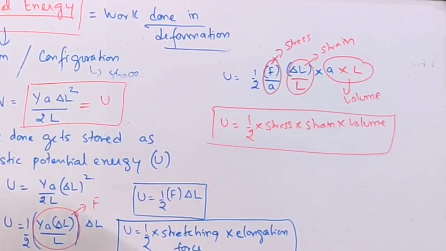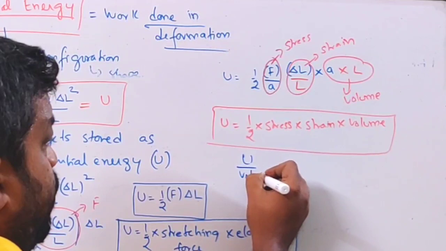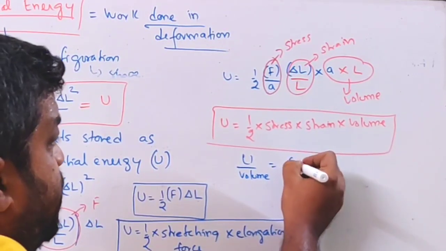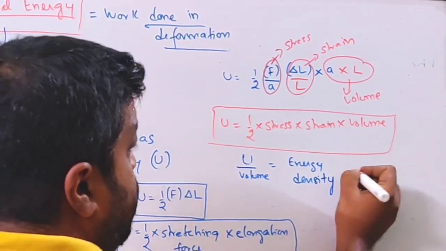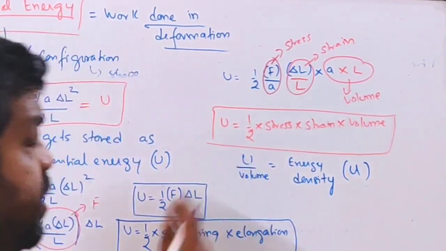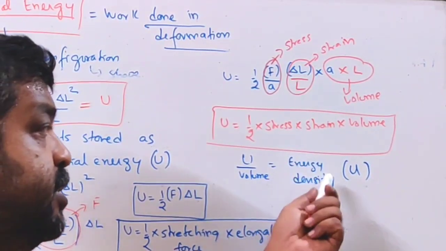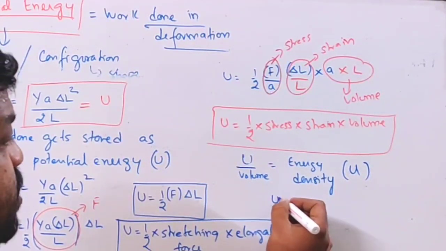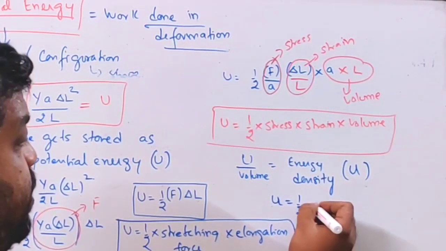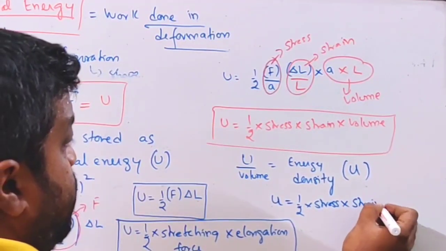Now this quantity, energy per unit volume, is called energy density. It is denoted by the symbol small u. Potential energy is capital U, and energy density is small u. So energy density small u is equal to half into stress into strain.